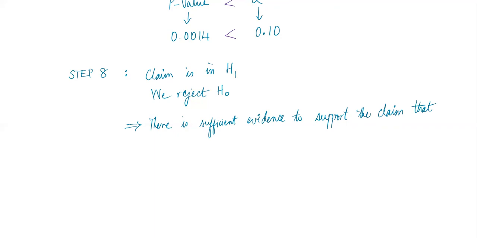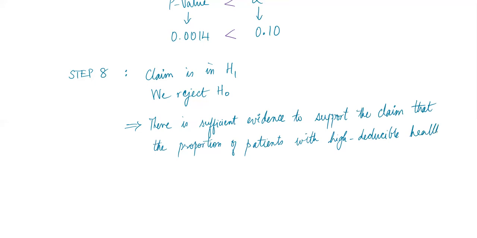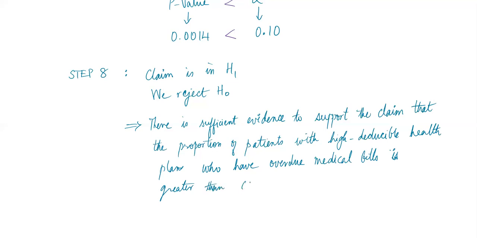the proportion of patients, then use the claim. From the problem, pull that sentence: the proportion of patients with high deductible health plans who have overdue medical bills is greater than, so we are rejecting H0, which means there's sufficient evidence to say this is greater than 65%.